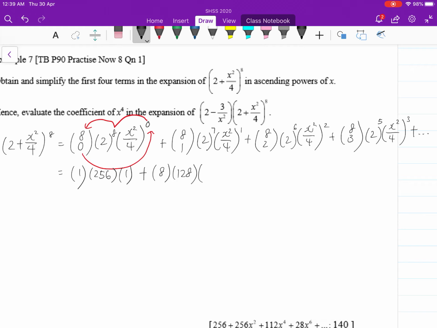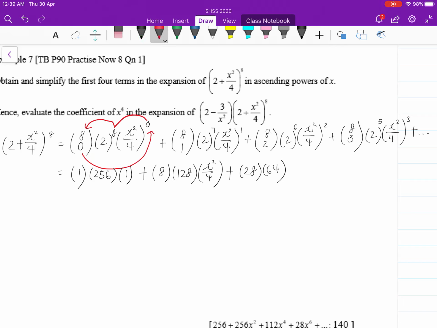And then x squared over 4 is still x squared over 4, that's power 1. Plus 8C2, which is 28. 2 to the power of 6 is 64.